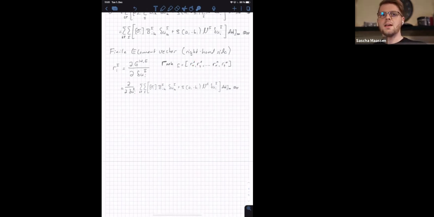So n would be the number of nodes that we have in the finite element, which will render 4 in case of our quadrilateral element. So what we get here is an expression. If we follow the derivations further, we get an expression for this part.